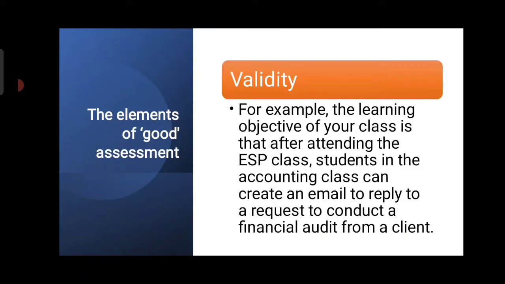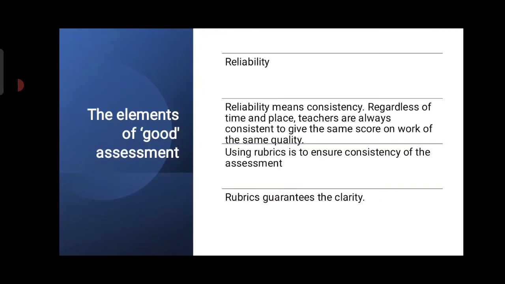Okay, the next principle is called reliability. So this principle requires you to create and clearly define criteria that are aligned with the learning outcomes of the course of study, making the assessment process objective and accurate.